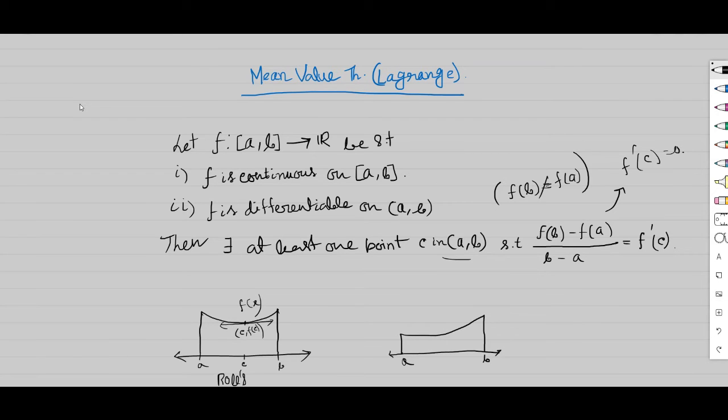So this is our curve, and the Lagrange mean value theorem says that we can always, this is our C, draw a tangent at the point (c, f(c)) on the curve f(x). So this is the significance of the Lagrange mean value theorem and Rolle's theorem. They are very strong theorems in calculus.